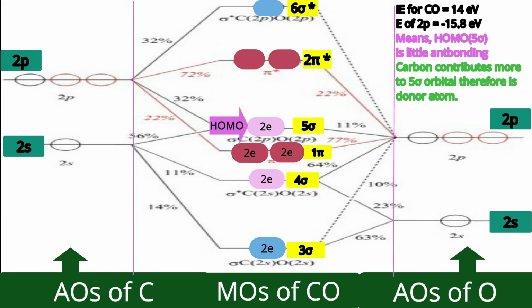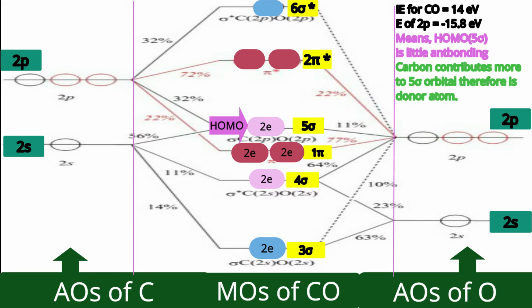But as per the basis of molecular orbital theory, the total number of molecular orbitals produced will be equal to the number of atomic orbitals combining. Here I am considering the combination of four atomic orbitals. So how many molecular orbitals will be there? Four.